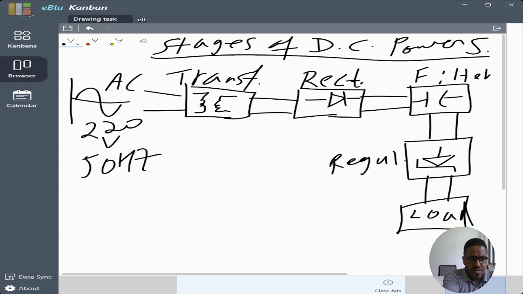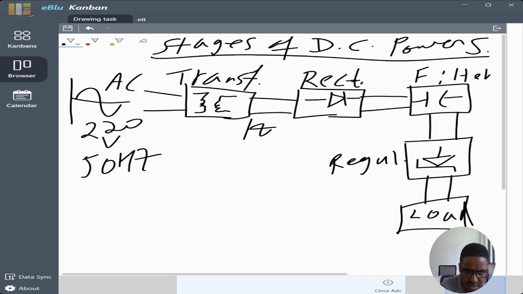This power supply is first fed to the transformer. The transformer's purpose is value change. The input is AC and the output is also AC, but the value is stepped down or stepped up. In the second stage, we have the rectifier circuit.